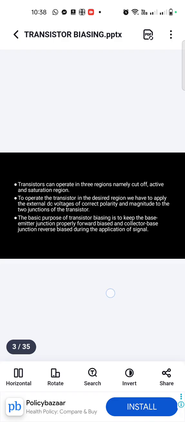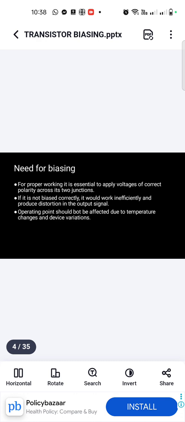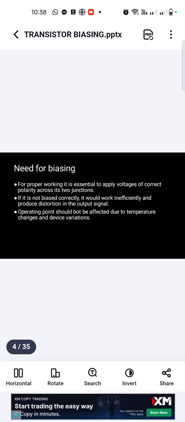Now, need for biasing. Why is biasing important? It ensures stable operation, it prevents distortion, keeps the transistor in active region, and it improves amplifier performance. For these reasons biasing is important. Ensure stable operation: if the transistor is operated under stable condition, we will get the proper output.